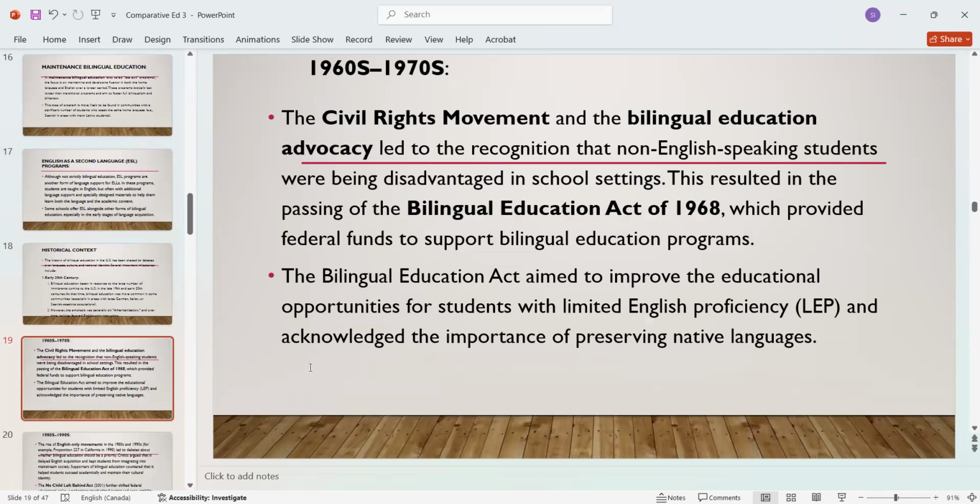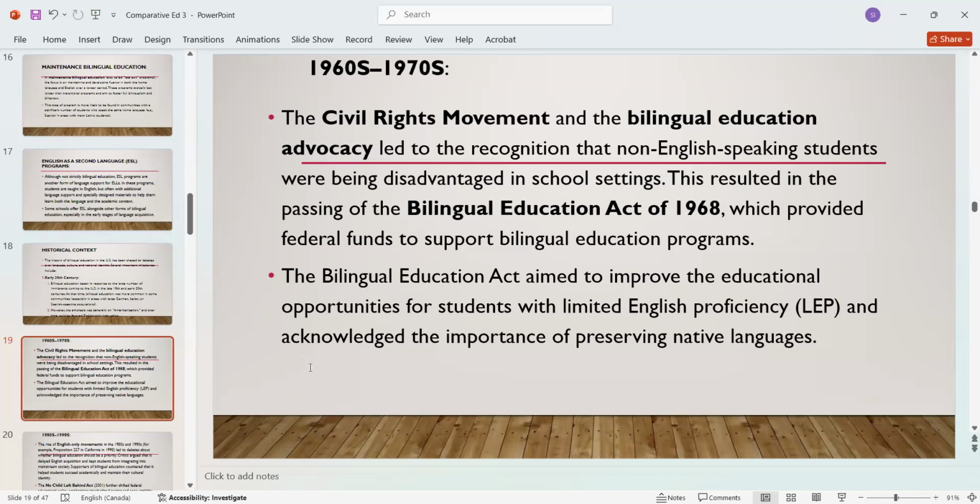So in the 1960s to 70s, the civil rights movement and bilingual education advocacy led to the recognition that non-English speaking students were being disadvantaged in the school setting. So this resulted in the passing of the Bilingual Education Act of 1968. If they don't know anything regarding English, how can they do the learning part?